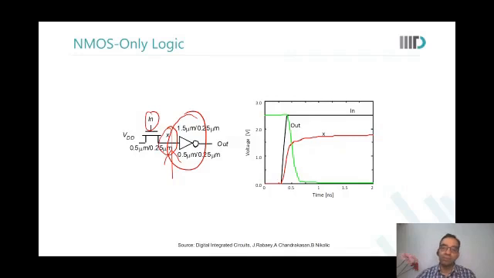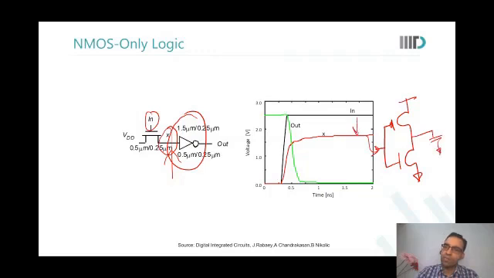I'm not going to get this point. Why the inverter would be not? You tell me. I have this inverter. The input is this. So what is happening? This is VDD minus VT. So you're just at the boundary of threshold voltage for the PMOS.